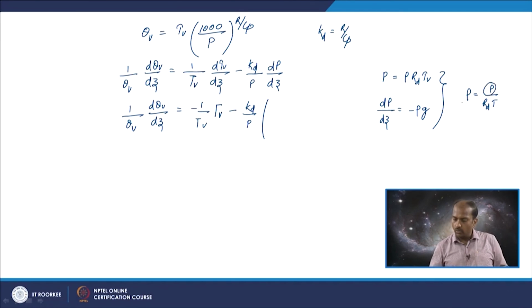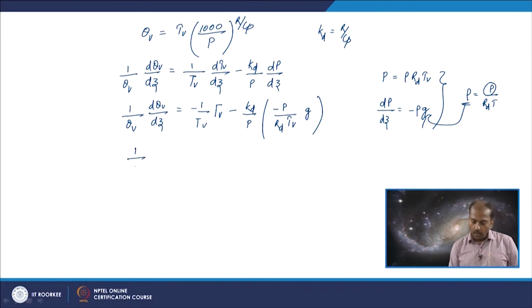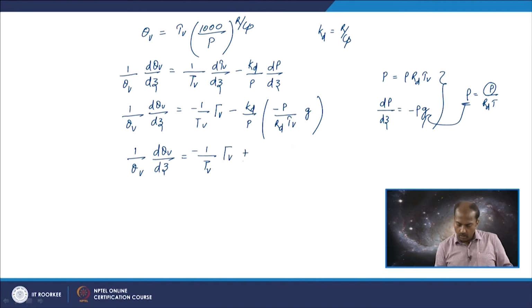So I will write rho into this equation: Kd by P into minus P by Rd Tv times g, or 1 by theta v d theta v by dz is minus 1 by Tv gamma v plus R by P Cp into P by Rd Tv times g.